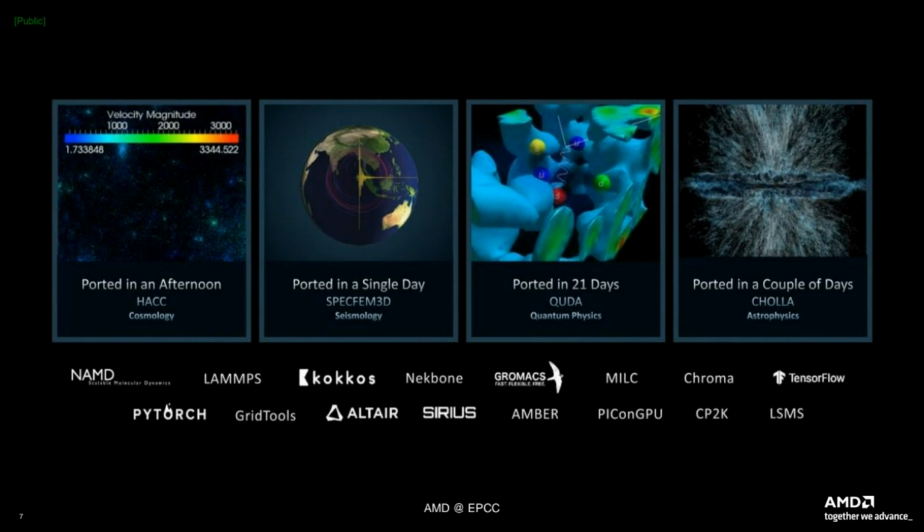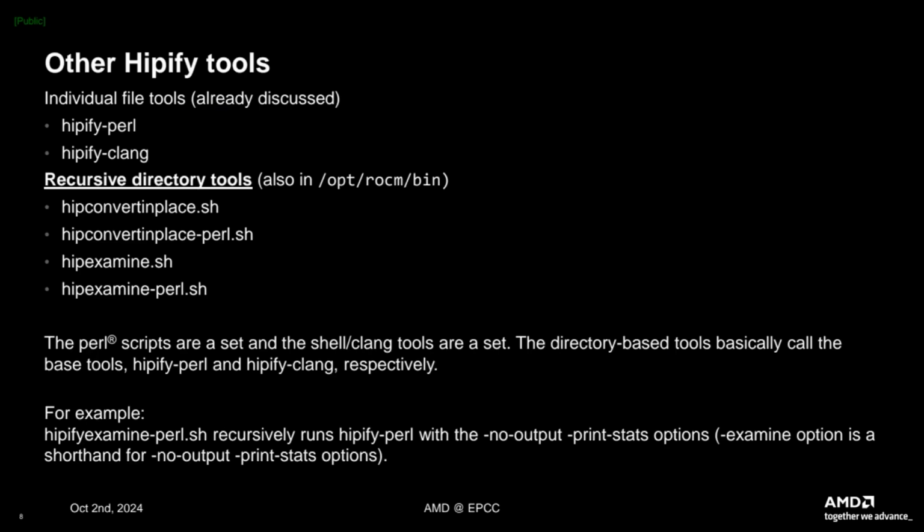So for what concerns other hipification tools, other than hipify-perl and hipify-clang, we also have in the bin directory some recursive directory tools that basically aim at calling the scripts that I already mentioned, but recursively for a certain set of files that sit in the directory from which you are calling them.